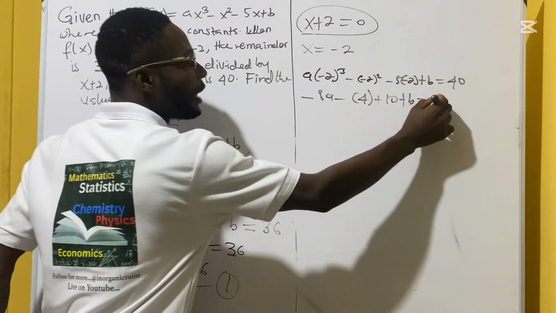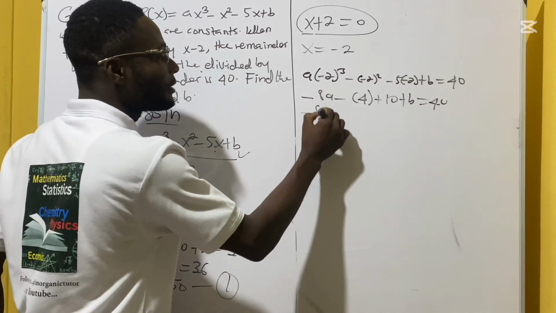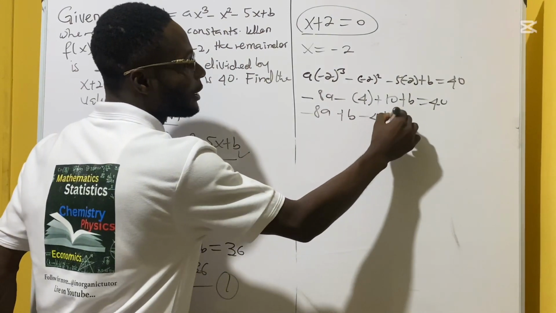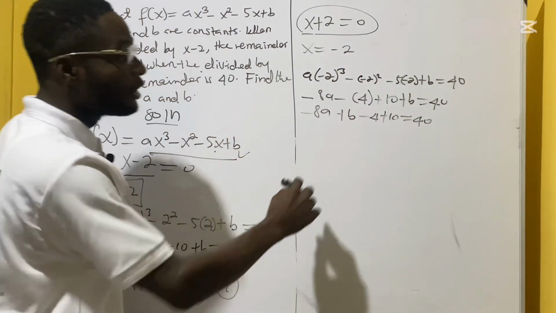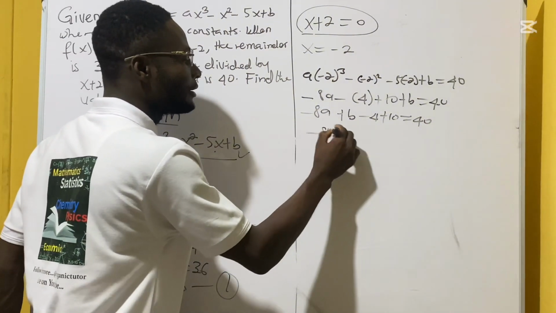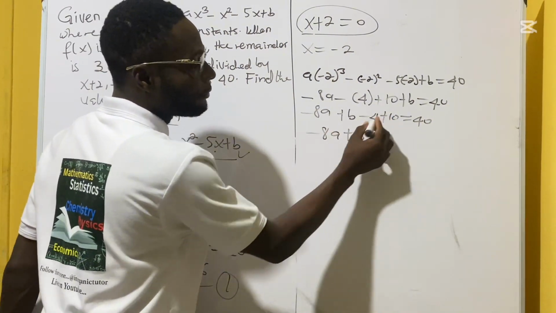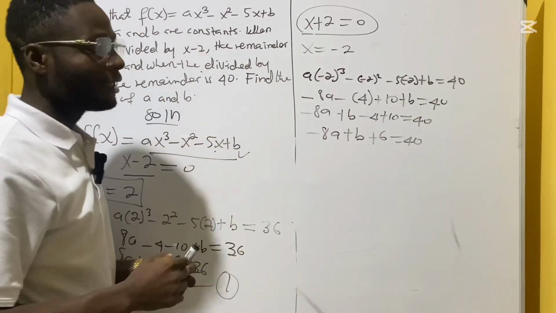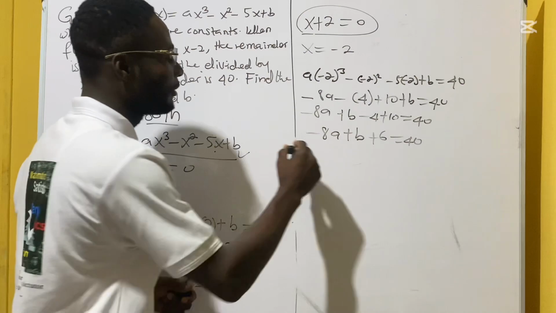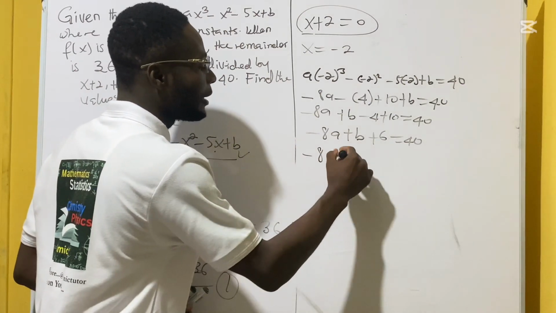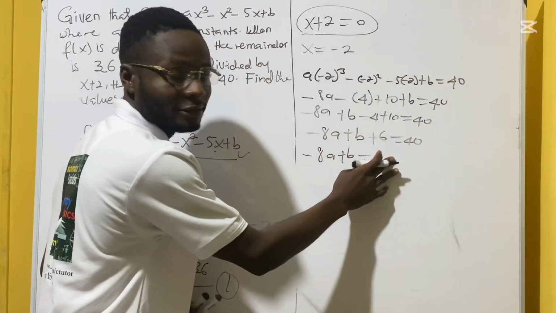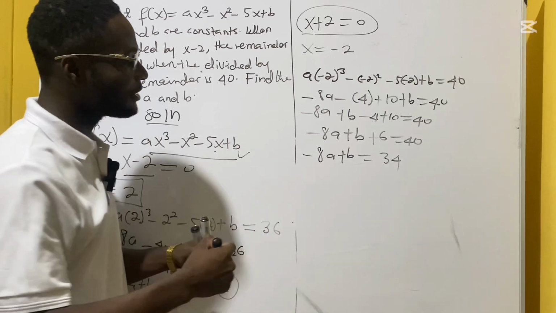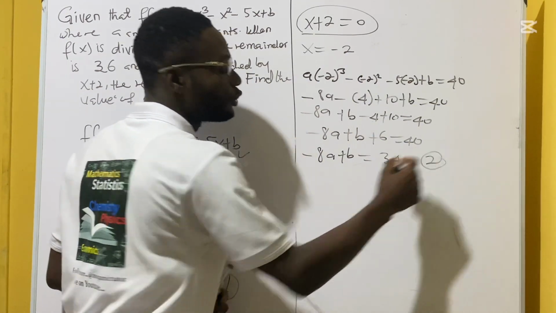So we have negative 8a plus b minus 4 plus 10 equals 40. Basically, negative 8a plus b equals 40 minus 6, and that is 34. Great. This becomes equation 2.